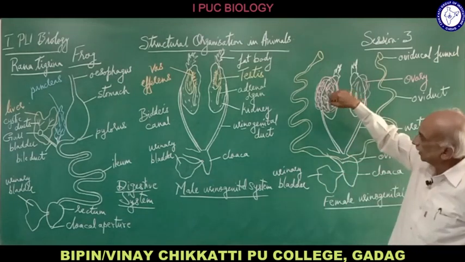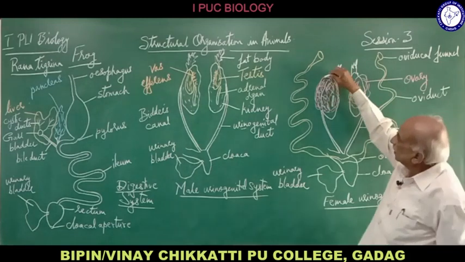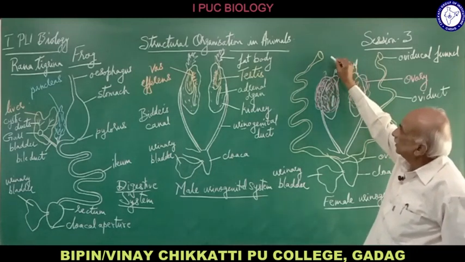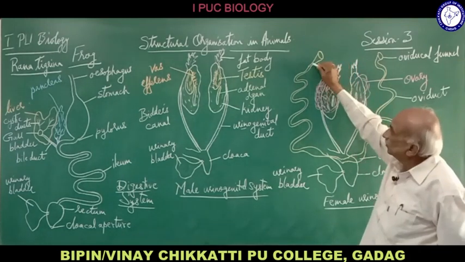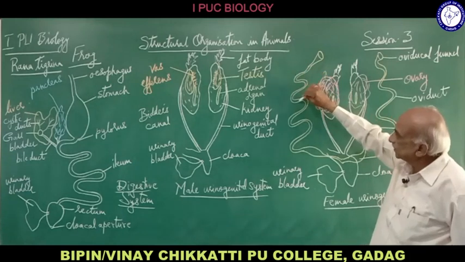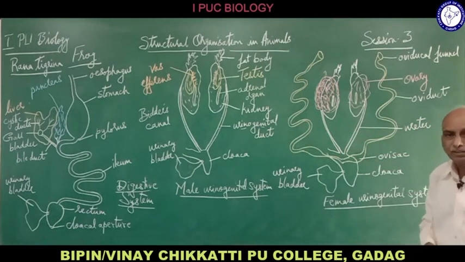The eggs produced by the ovary are released and enter the oviducal funnel. From the oviducal funnel, the eggs pass into the oviduct and ovisac, and then they are released through the cloaca.